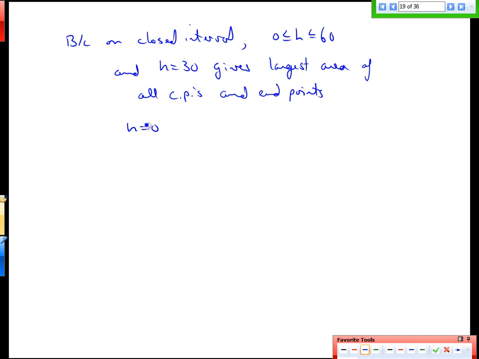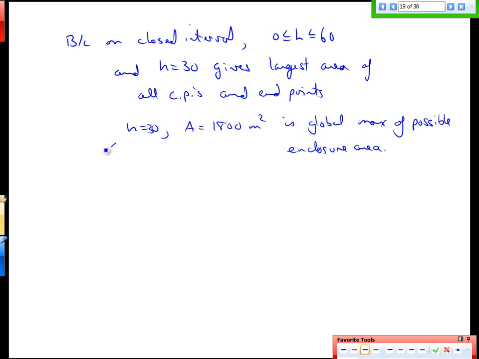H equals 30, area equals 1,800 square meters is the global max of the possible enclosure area.